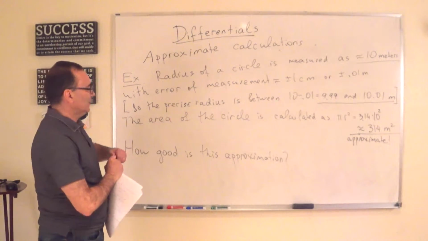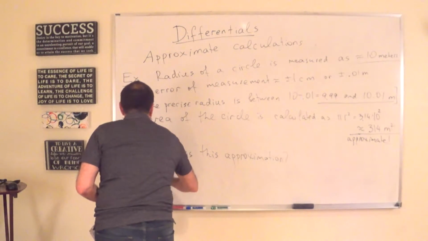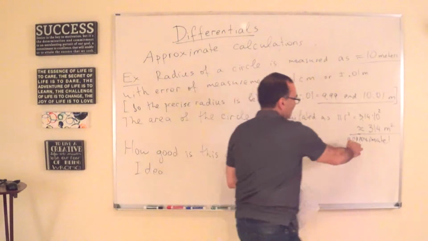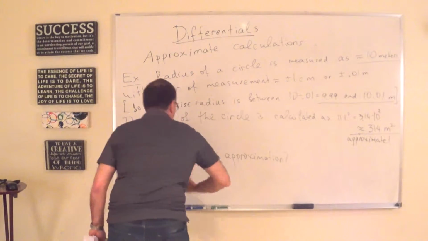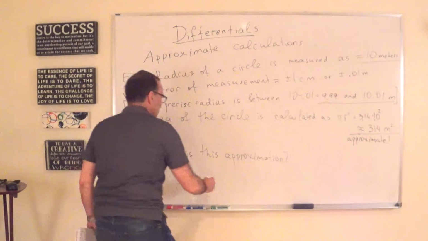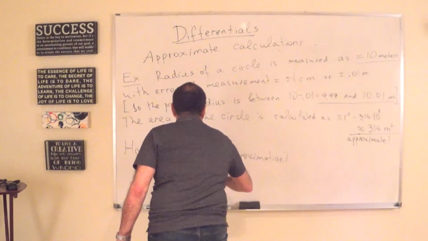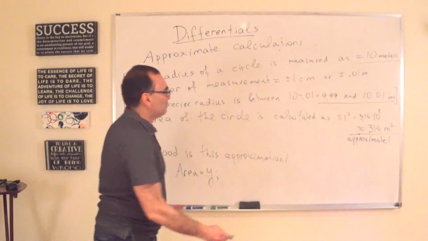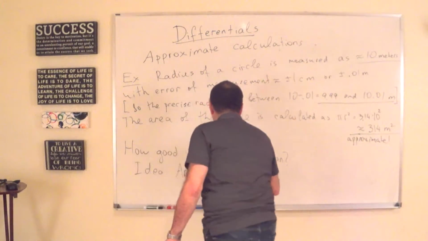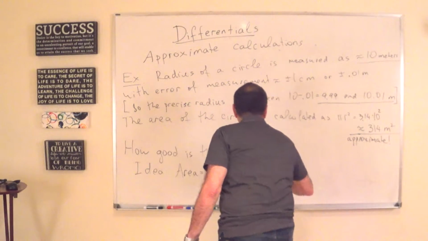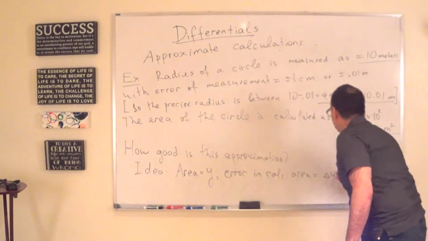And here is the idea. The idea is that the error of the area can be denoted by delta y, because area is y. So area is y, and the error in calculating the area is delta y.